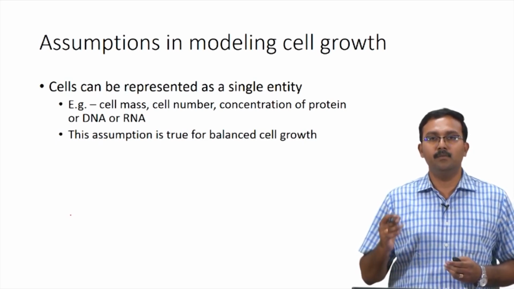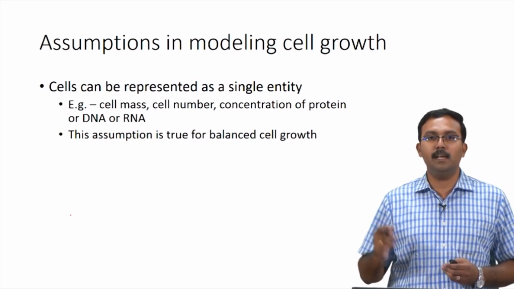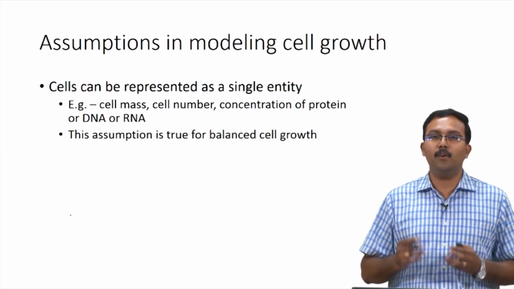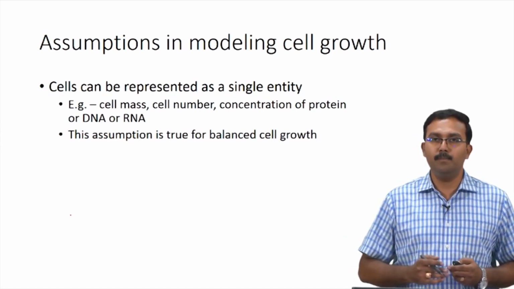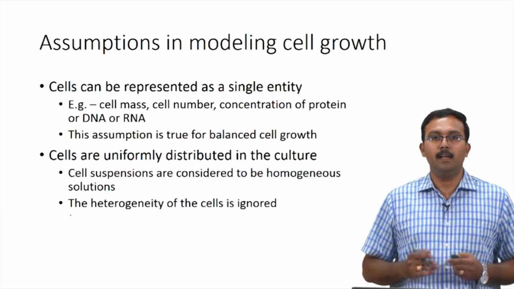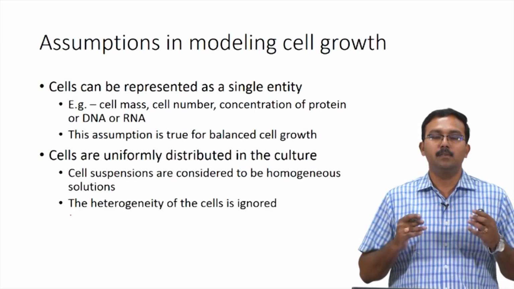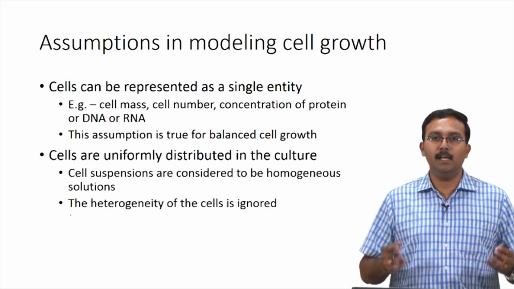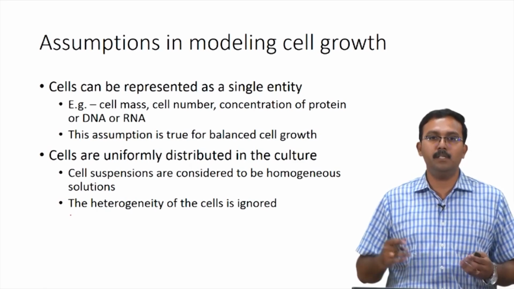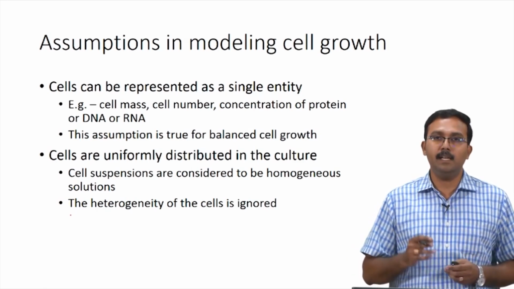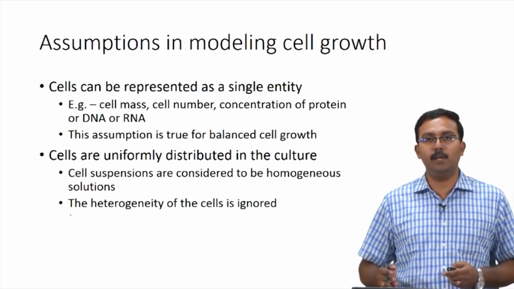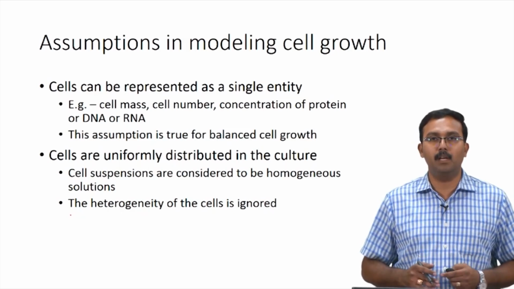So, the use of concentration of protein, DNA and RNA is acceptable for balanced cell growth period, which would be the exponential phase. Cells are assumed to be uniformly distributed in the culture. So, cell suspensions which are actually heterogeneous are considered to be homogeneous solutions, and the heterogeneity among the cells themselves is also ignored when we perform this type of modeling.